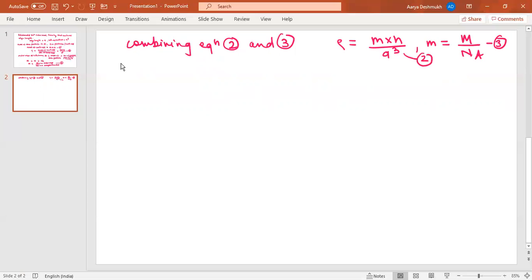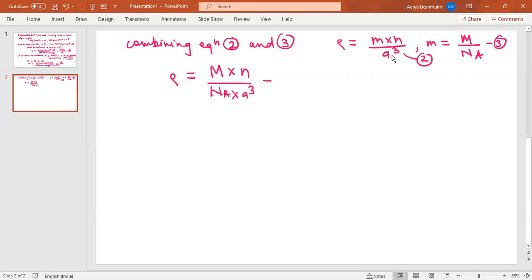When you combine these together, we substitute for small m, which is nothing but capital M upon Na. So density equals capital M divided by Na multiplied by n upon a cube.